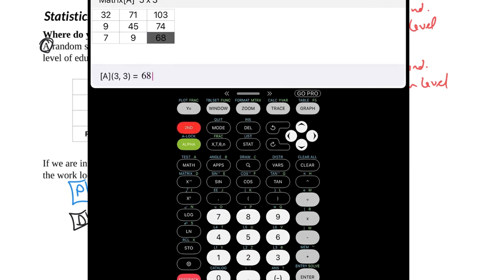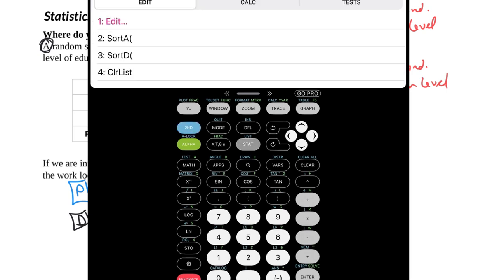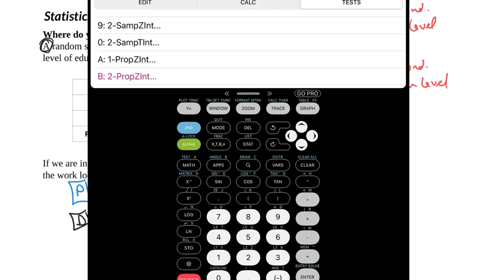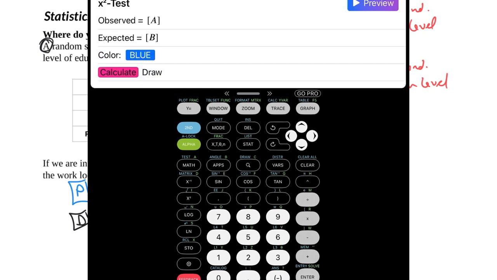Like that. Now I'm going to get out of here, go to the stat menu and go over to tests, where all of my hypothesis tests are. I'm going to scroll down to chi-square, not goodness of fit, but chi-square. You see it's saying observed is A. That is where I put it. Expected, I will not need to calculate.